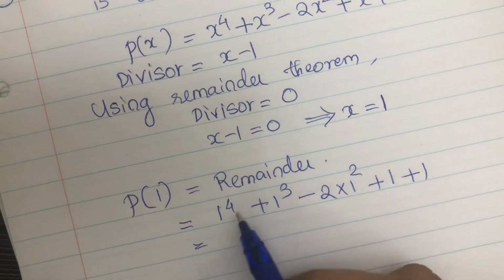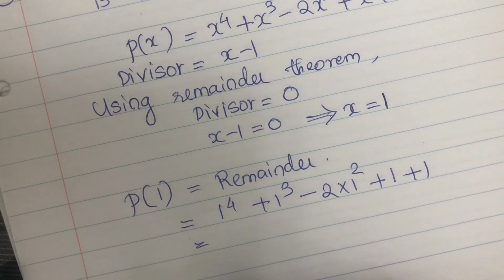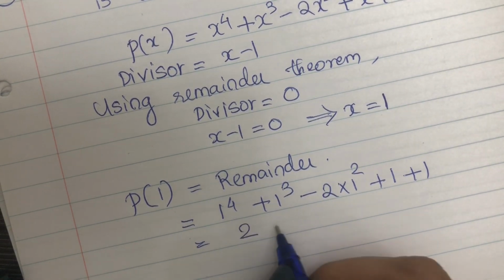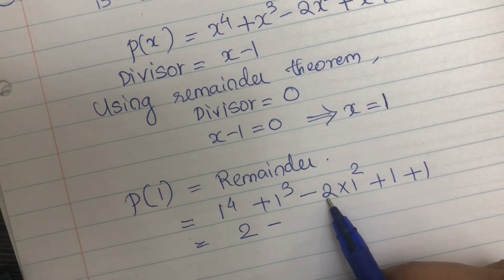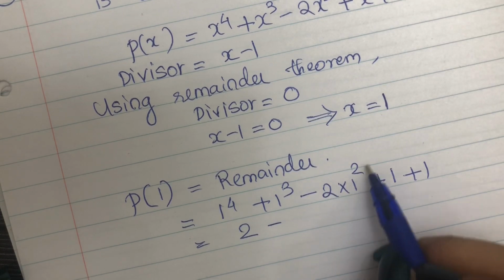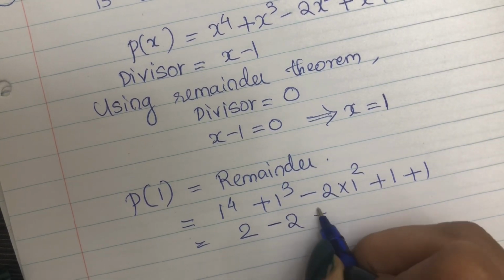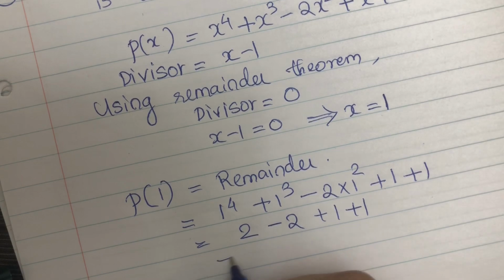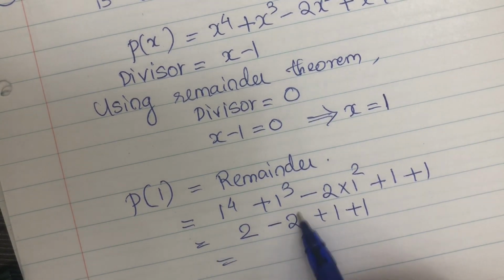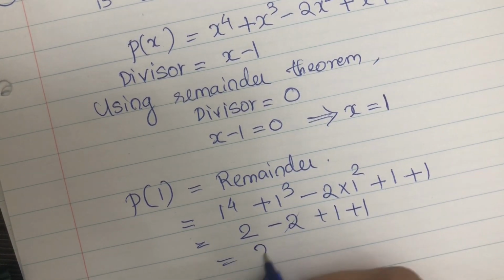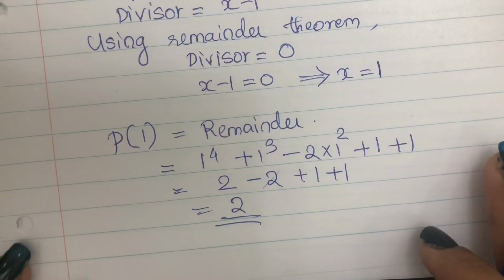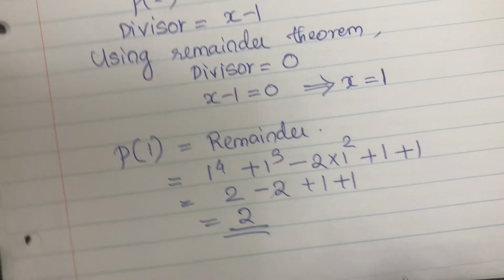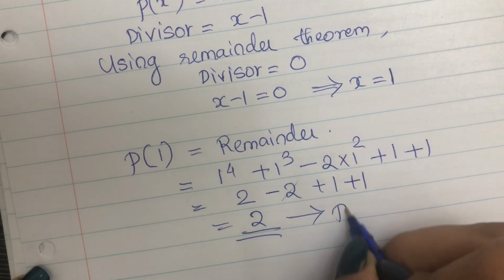So 1 raised to 4 is 1 and 1 cube is 1, so 1 plus 1 is 2. Then 2 minus 2 into 1 square, which is 2, plus 1 plus 1. So 2 and 2 cancel, and the answer is 2. So p of 1 is 2, and 2 is the remainder.